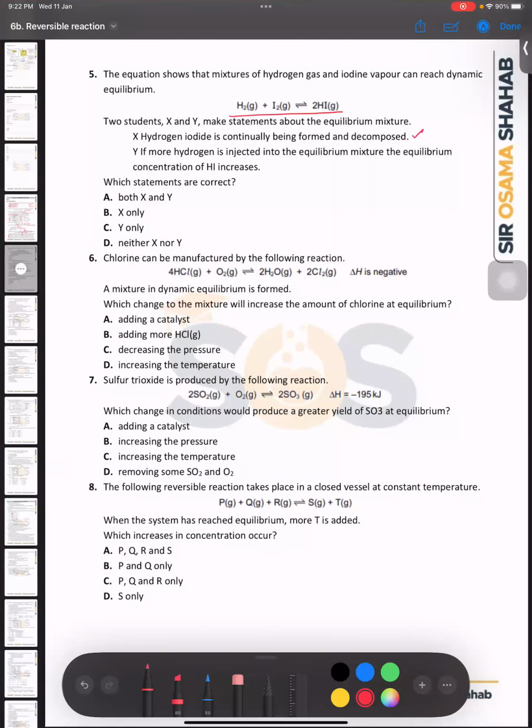We know that reversible reactions are not going to stop, right? They continuously make and decompose, right? Student Y said that if more hydrogen is injected into the equilibrium, then the equilibrium concentration of HI increases. This is also correct. This means that both are correct. So the right answer is A. Both X and Y are correct, right, bacho?